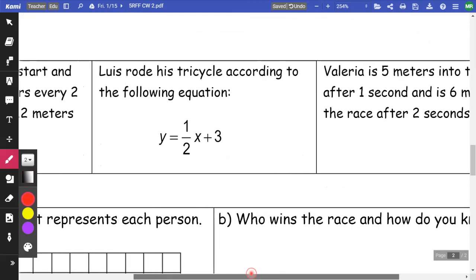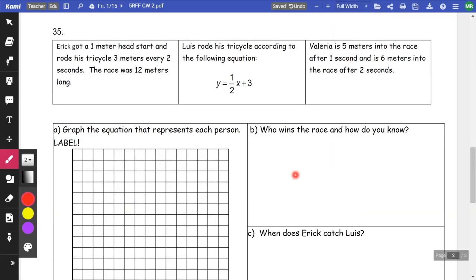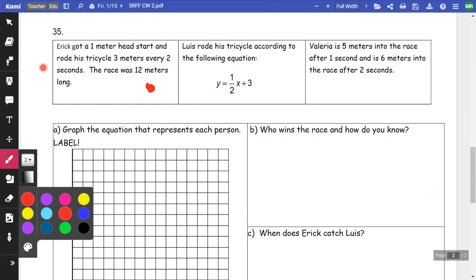Okay, so this is a big race problem. And so we've got Eric, we've got Luis, and we've got Valerie. And I'm going to color code. So let's say that I do this color for Eric, this color for Luis, and this color for Valerie.